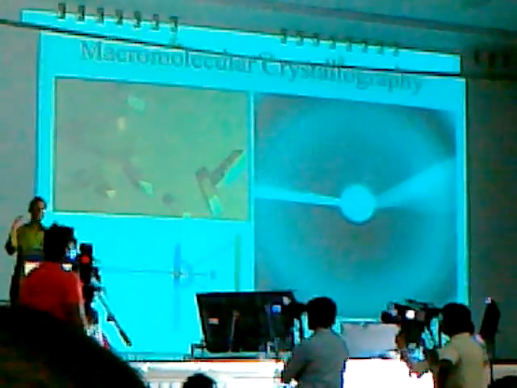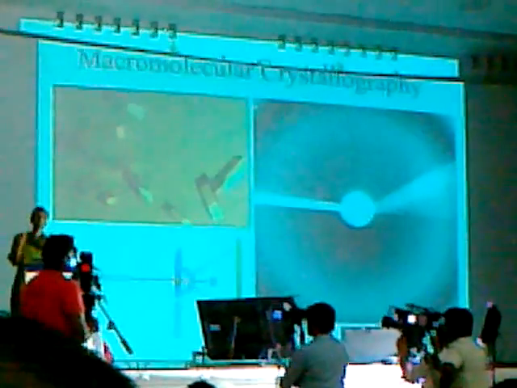And what these scattered rays look like is like this. This is an X-ray image, a detector image, and you can see the scattered rays are in these spots along the detector. And what the process does is it takes these scattered rays and recombines them into an image, and that produces a three-dimensional image of the object.